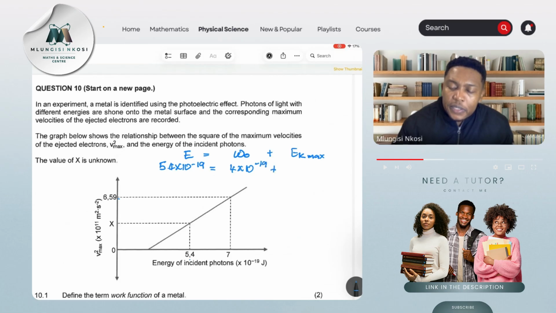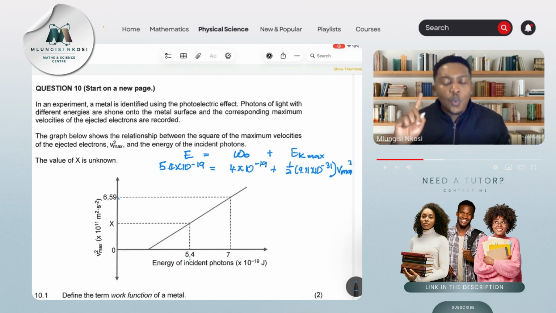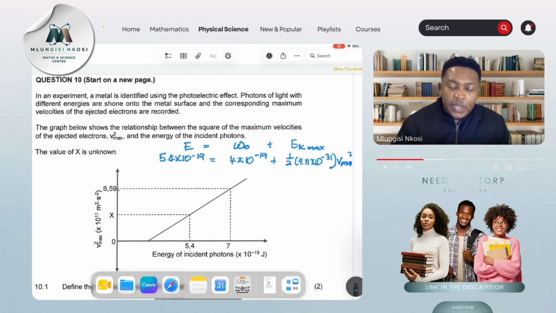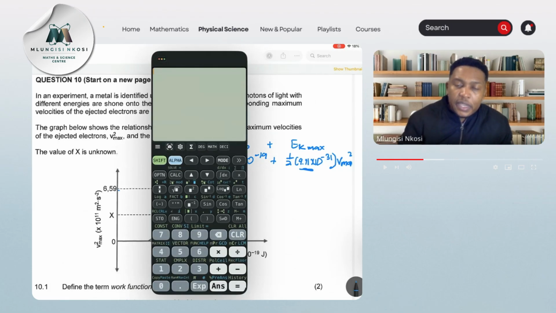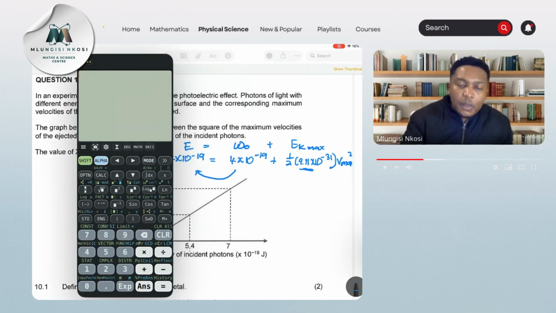This is plus half of 9.11 times 10 to the power minus 31, and this is V max squared. We are looking for V max squared. So I'm going to take the difference between the two and divide by this entire thing.